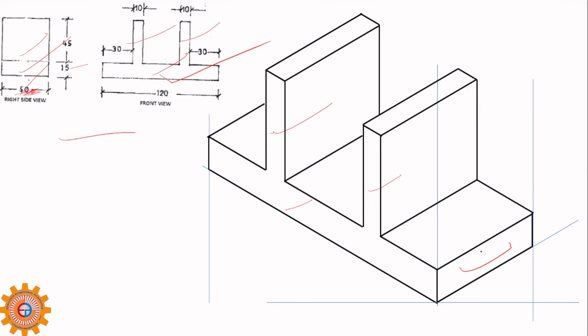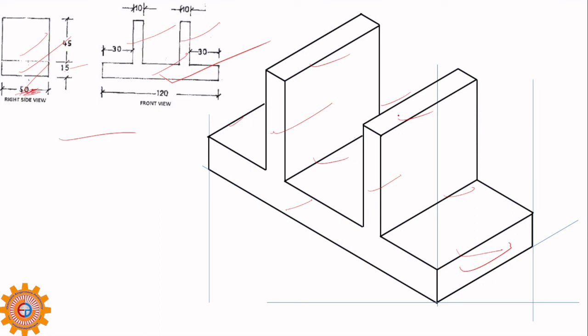This is 50, this is 50, this is also 50, but it is overlapped, not visible. This is also 50, not visible. So you have to cut like that.